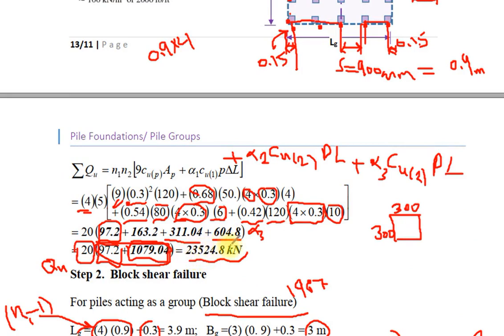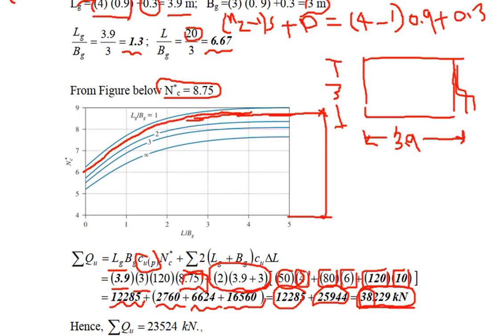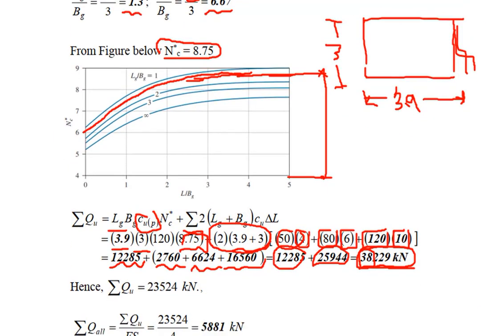Since that value is lower, we select it. We choose the ultimate bearing capacity for the pile group equal to 23,524 according to step 3 in the procedure.